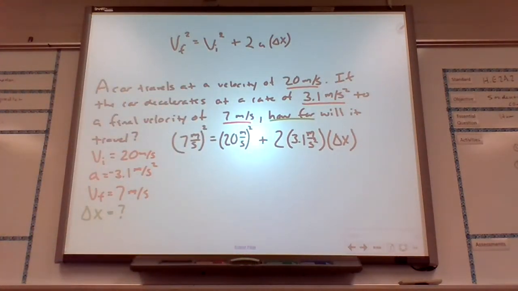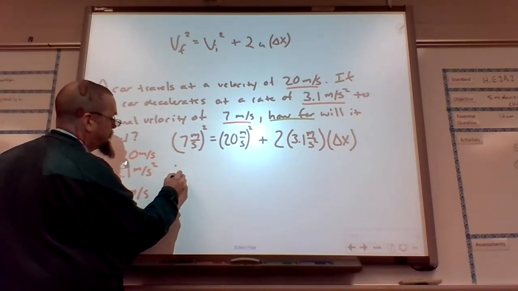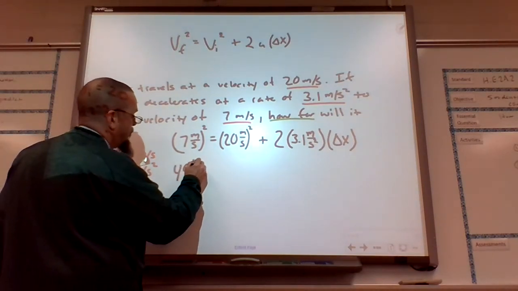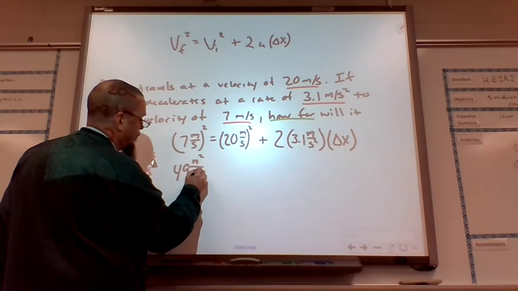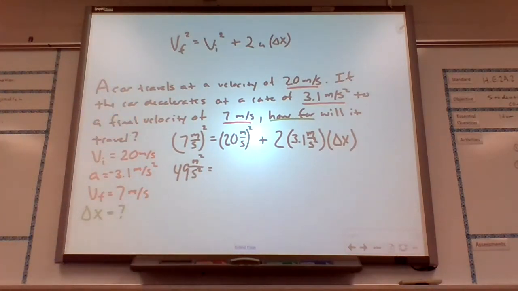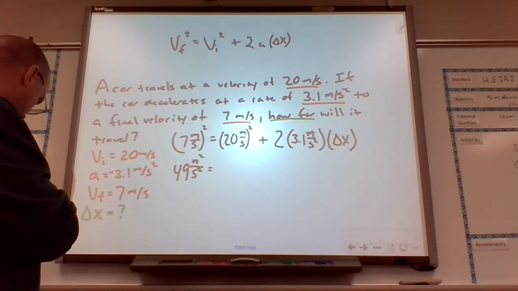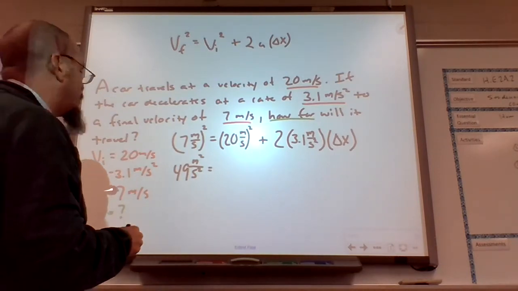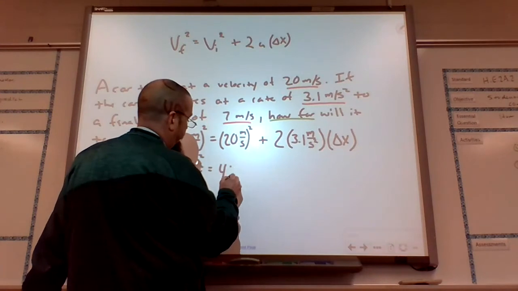Now we need to do some simplification here before we do anything else. So the first thing I'm going to do is take care of these squared numbers. 7 squared is 49. That would be meters squared over seconds squared. I end up squaring them both. I'll do 20 squared. 20 squared is 400.